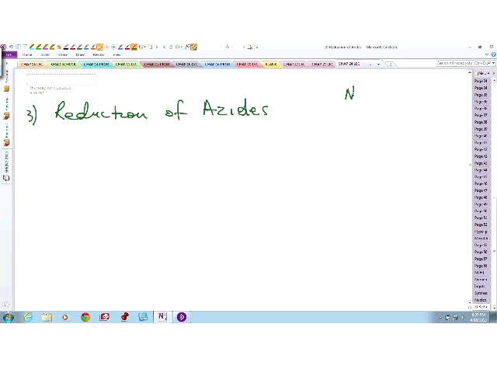Now, this molecule here, or this species here, think of it as N3, which is negatively charged.